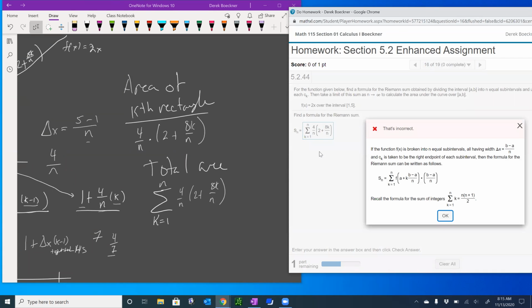That's not what it wants, huh? Oh, it wants us to evaluate it. It looks like it wants us to evaluate it. Well, maybe not.